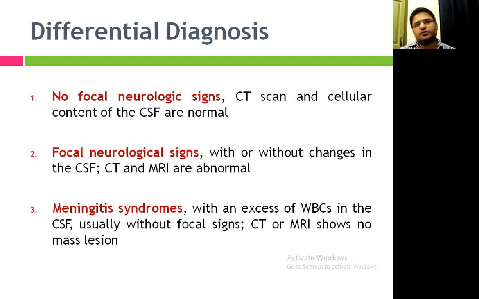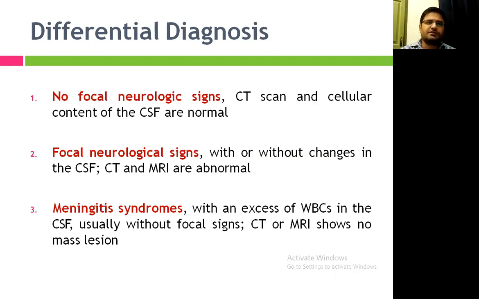You may get an impression of brainstem infarction or hemorrhage. In these states, CSF usually gives a clue in subarachnoid hemorrhage, and in brainstem infarction or hemorrhage, MRI gives you the clue where it is localized. So with focal neurological signs, you may get MRI and CT scan changes, with or without CSF changes.